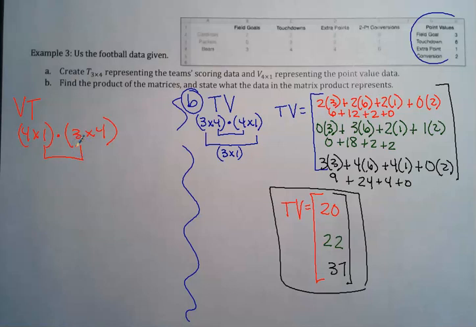Check our inner numbers. Ooh, these are not the same. Thank goodness. This is undefined, if I could spell. There is no more work to do here, right? We cannot do VT, which again shows that matrices are not commutative. Multiplying matrices is not commutative, which means we cannot multiply in any order. We must check.